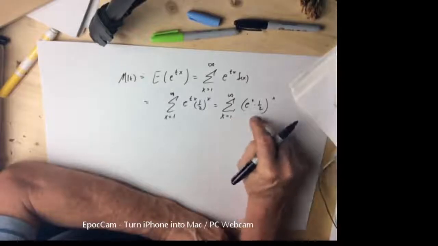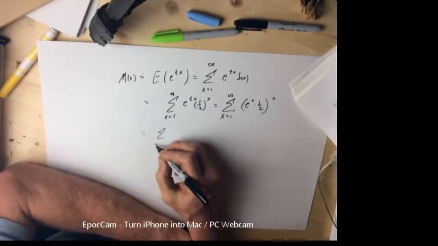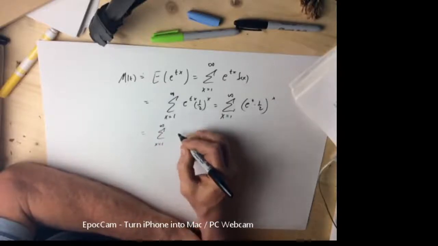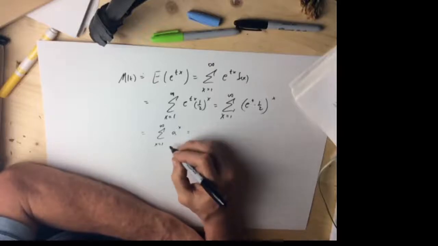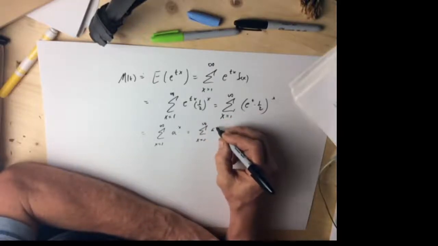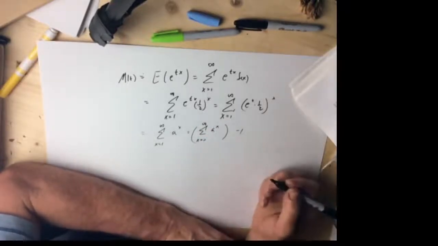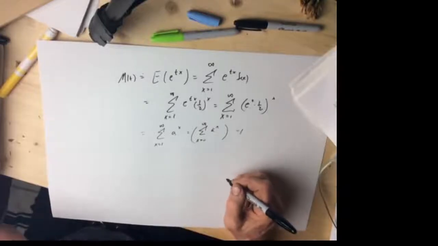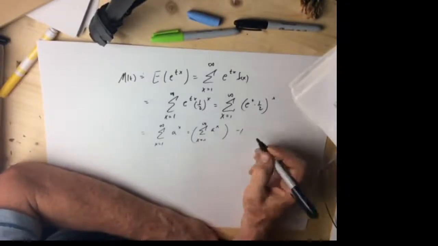And so this is a geometric series, except the head has been cut off. This is an a to the x. And if I started at 0 and then subtract 1, why, we know exactly what this series is going to be. Geometric series, subtract 1.